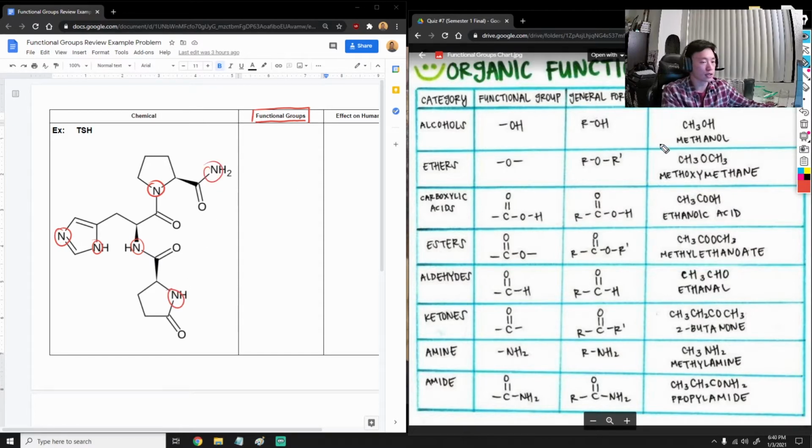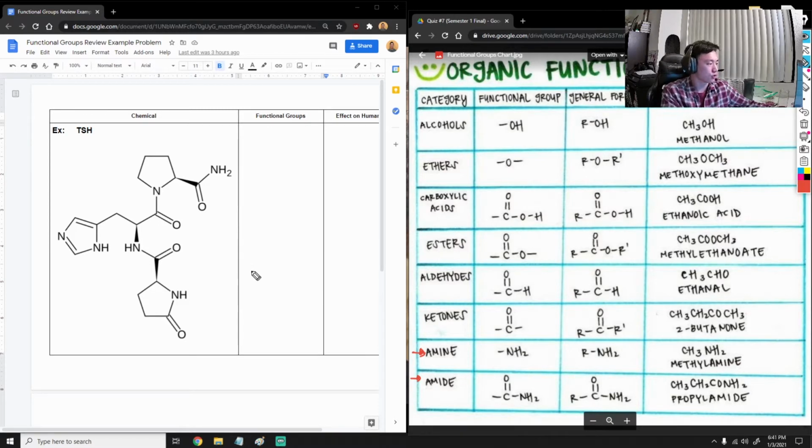That should be a dead giveaway that we're either going to be working with amines or amides, or maybe both, because only amines and amides on the chart have anything to do with nitrogens. So we just need to figure out how many amines and how many amides we have.